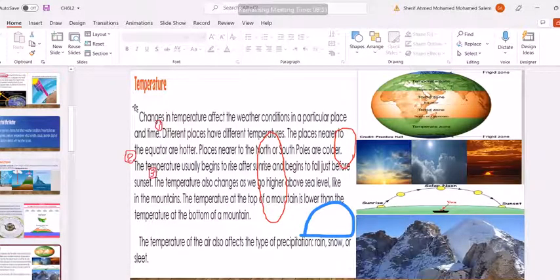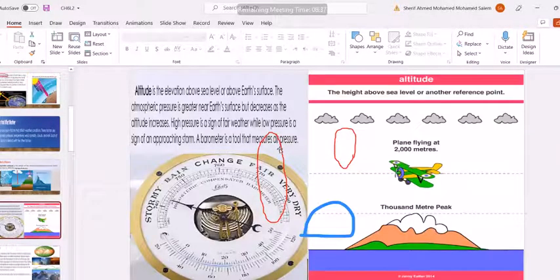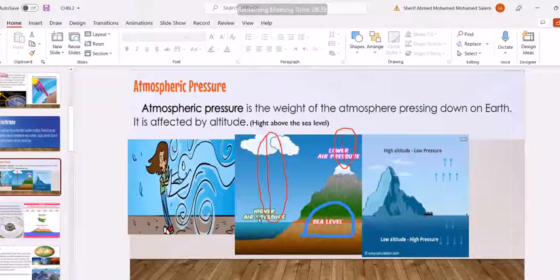Yeah, barometer. Okay, next, the second factor which affects the atmosphere is called temperature. Here I said that air pressure affects the atmosphere. How? Low air pressure has what, good weather or cold weather?